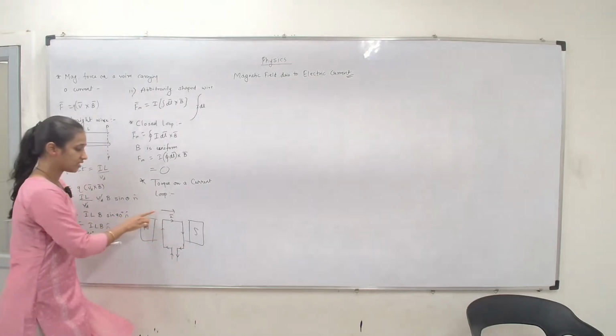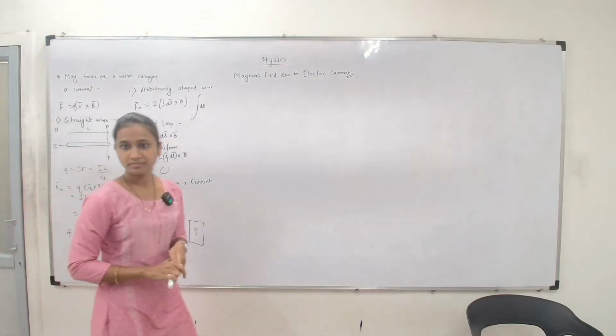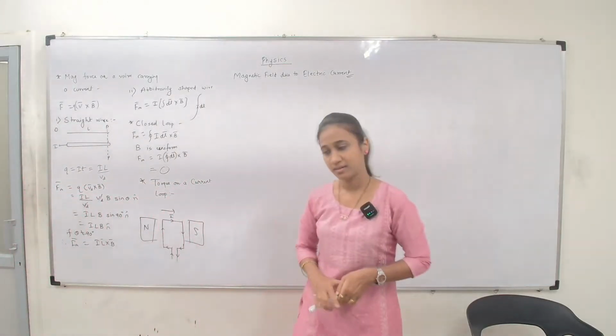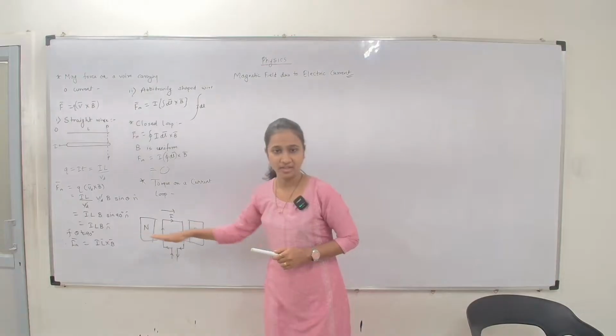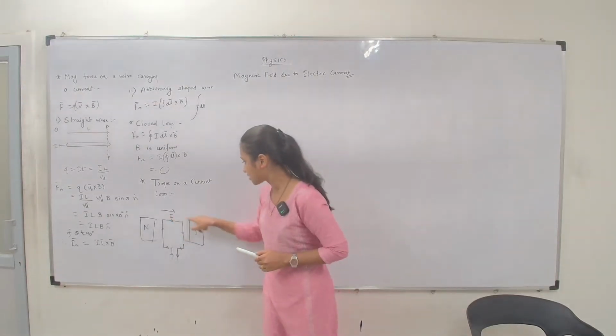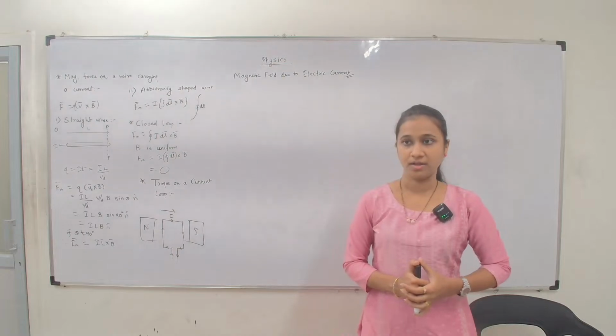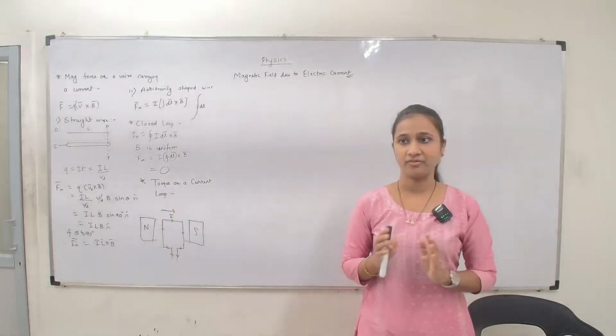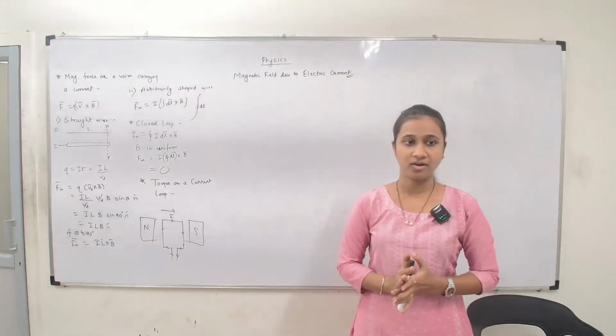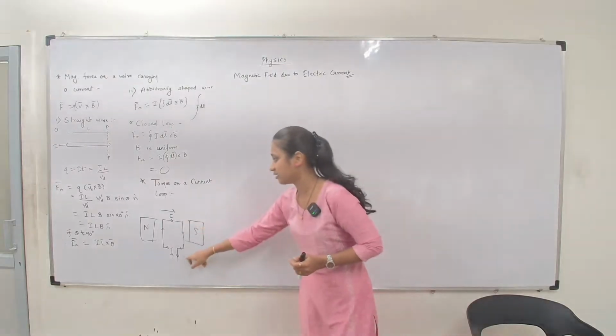So for this current and magnetic fields are parallel. This is the direction of magnetic field and for these two arms this is direction of current, either it is parallel or anti-parallel. So as current and field B are parallel or anti-parallel, force acting here will be zero.